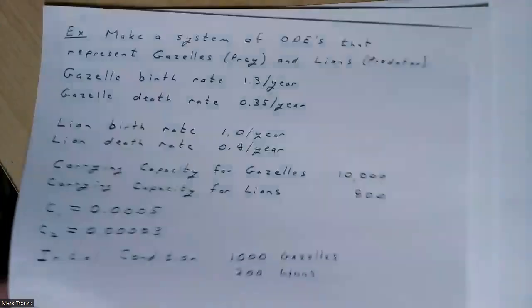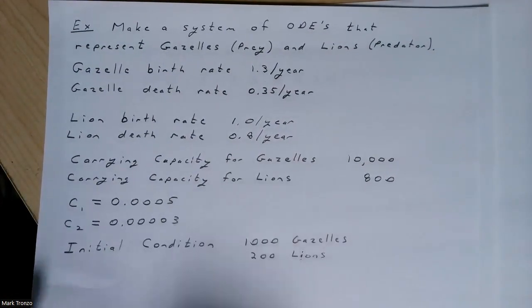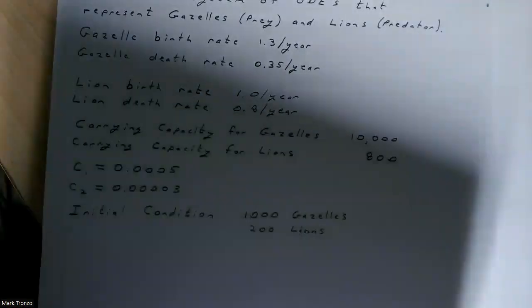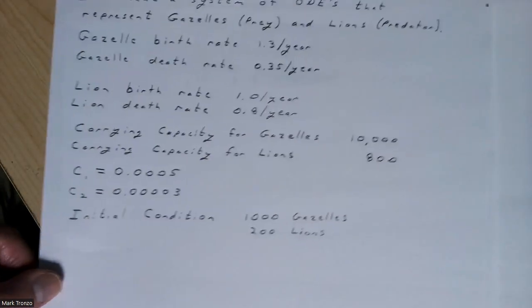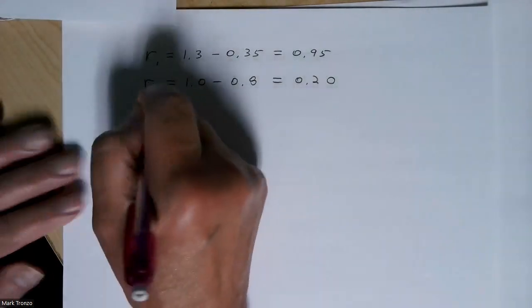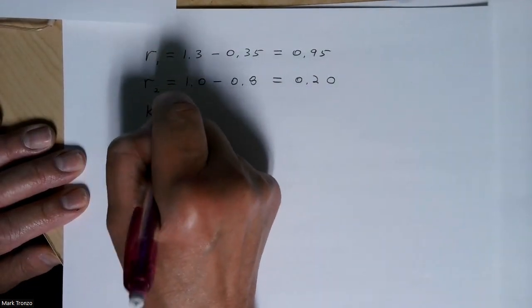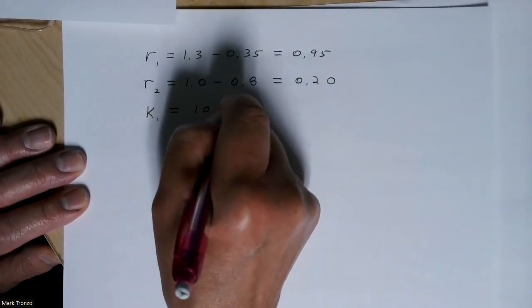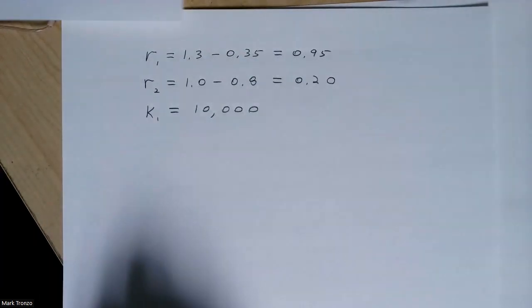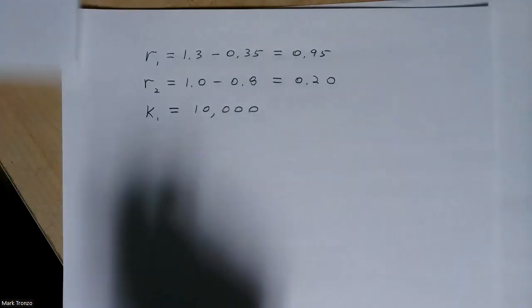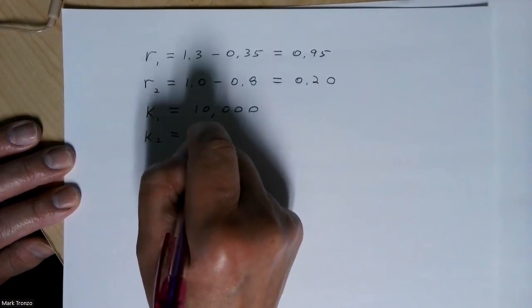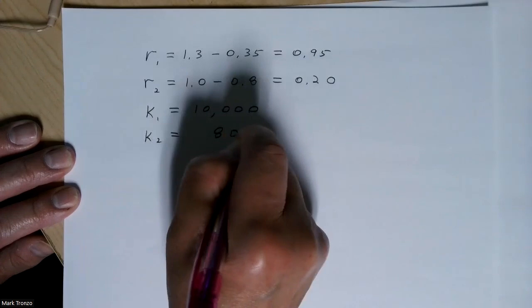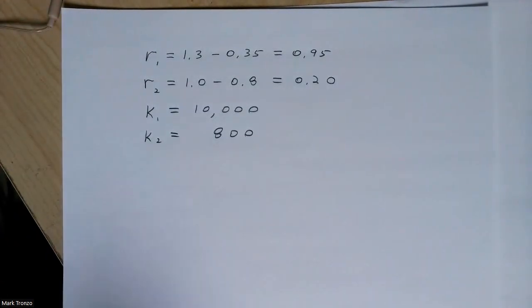0.2. And the carrying capacity for the gazelles, remember that's our K1, and that's 10,000. And our carrying capacity for the lions is K2, 800.